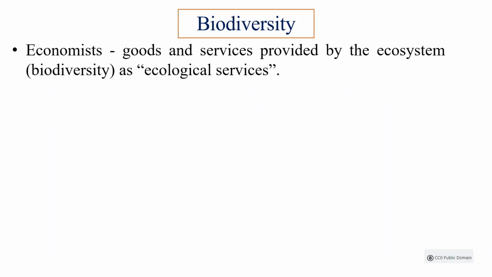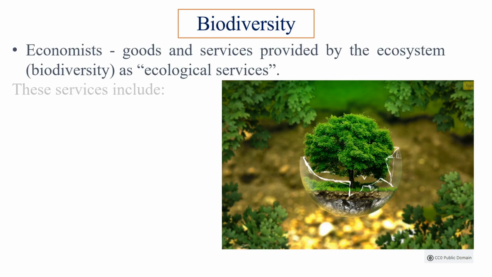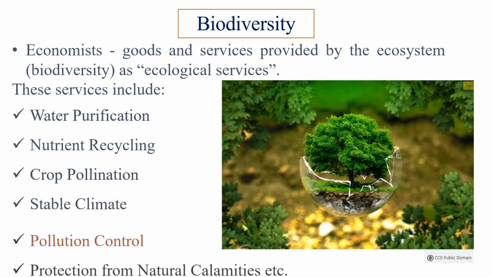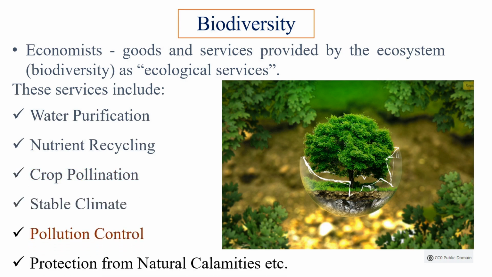Economists call the economically valuable goods and services provided by the ecosystem as ecological services. These services include water purification, nutrient recycling, crop pollination, stable climate, pollution control, protection from natural calamities, etc. When there is sufficient biodiversity on this planet, these services maintain high sustainability of the ecosystem.